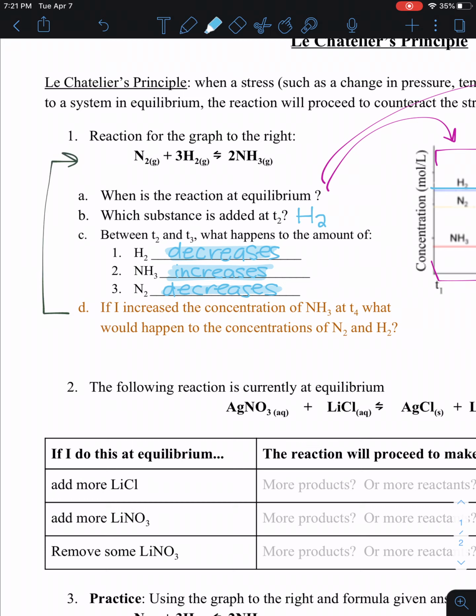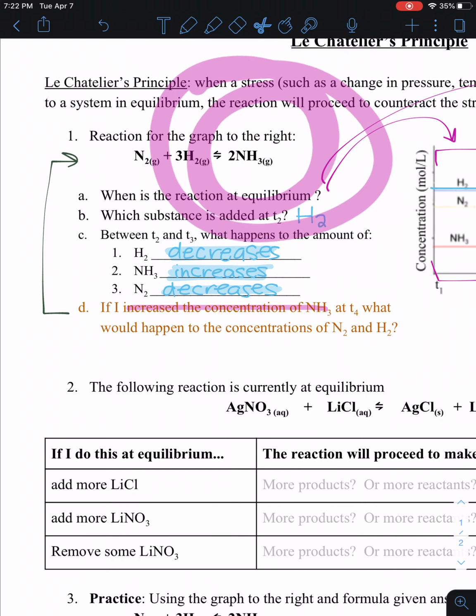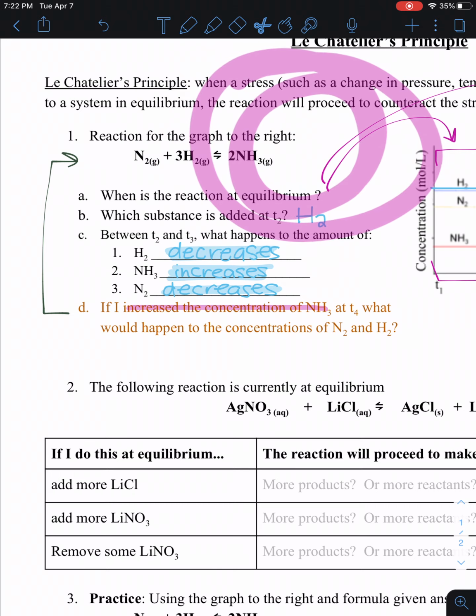If I increase the concentration of NH3, I make this bigger and bigger and bigger, and then I say okay, go.